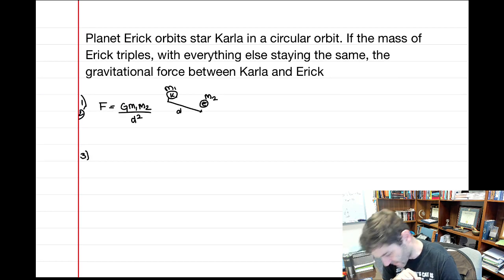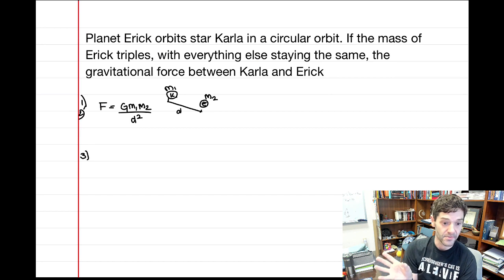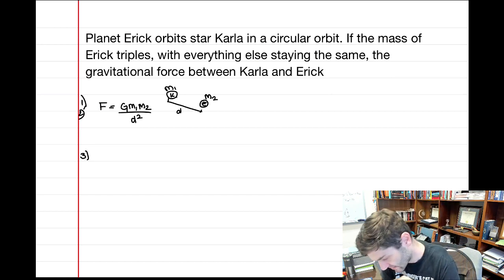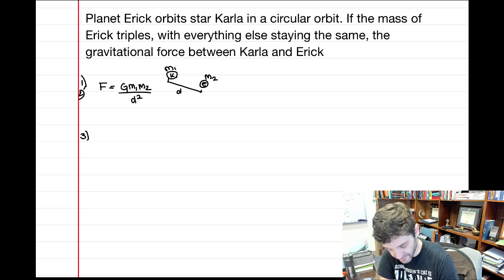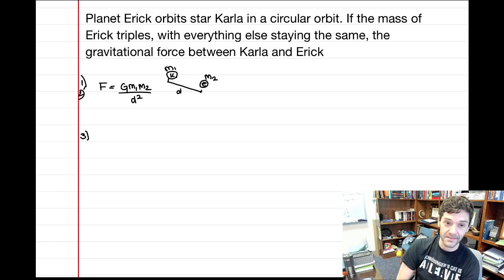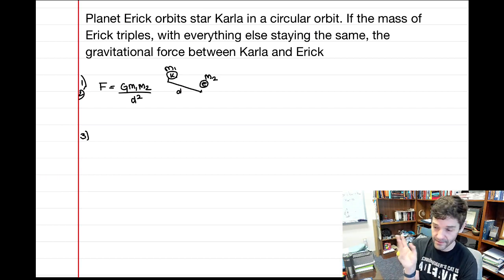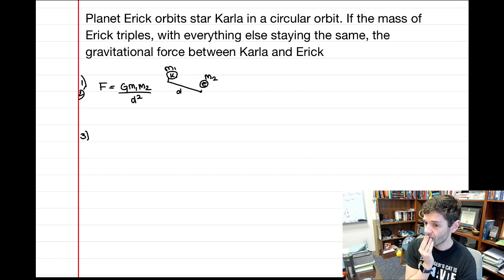Step 3 is to write down the factors by which every variable changes. So again, it looks like there are 4 I have to think about. I have a G, I have an M1, an M2, and a D. In this case, you could just get rid of the constants. Anything that's a constant, like the G, I could just remove it.